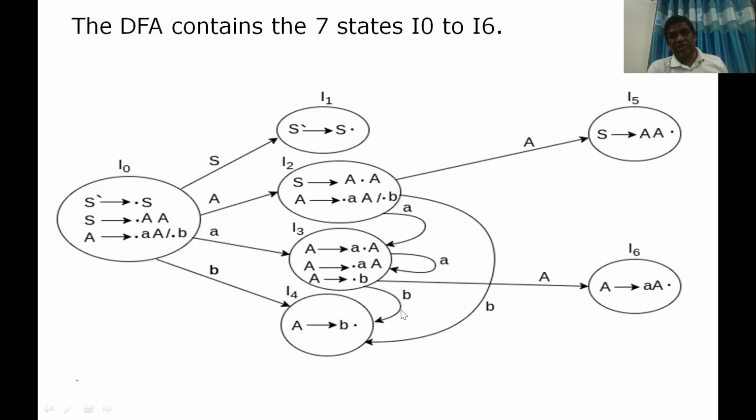Okay, therefore it is connected to I4. Right? So this part is completed. And from I5, we have no symbol after dot. From I6, we have no symbol after dot. So it is completed. Now, all the canonical LR(0) items are produced. Right? Now, what is the remaining thing?